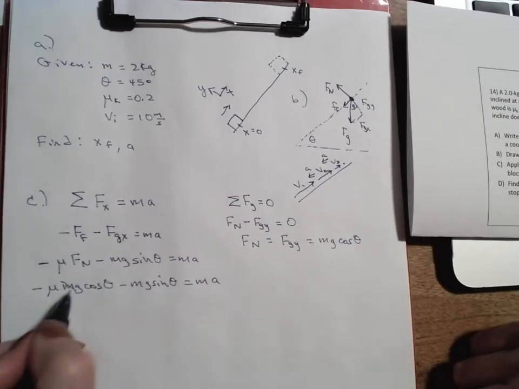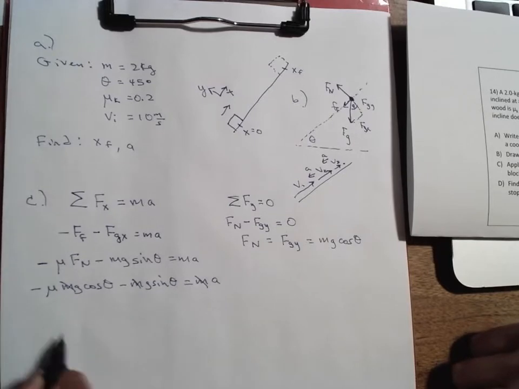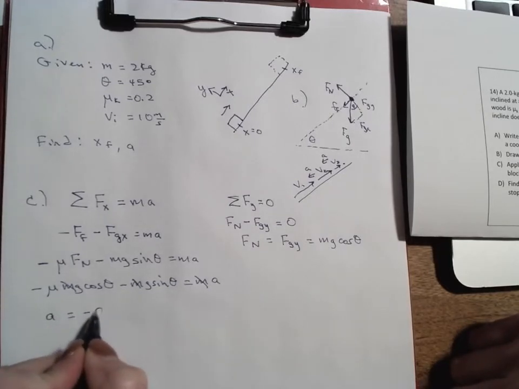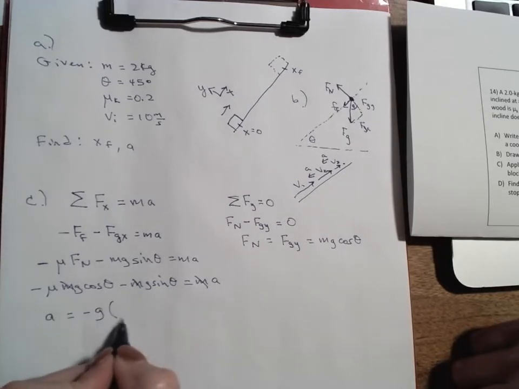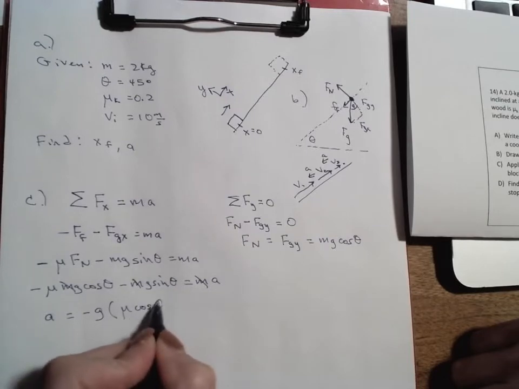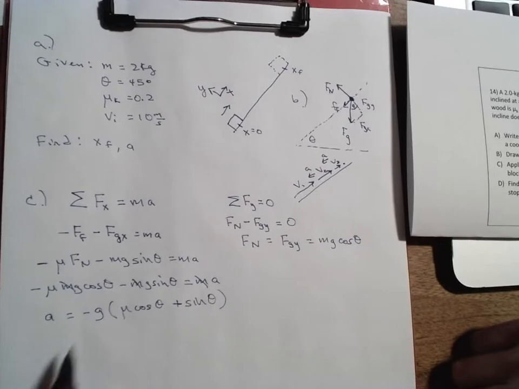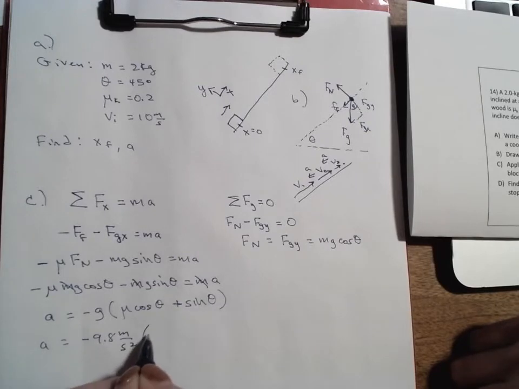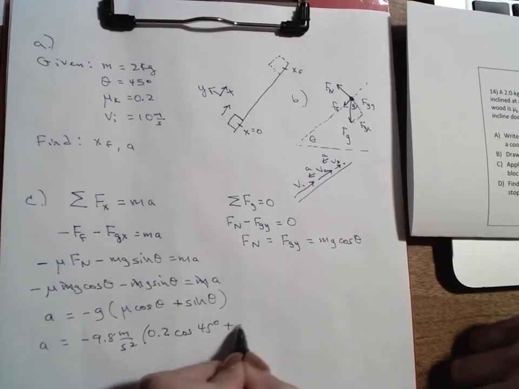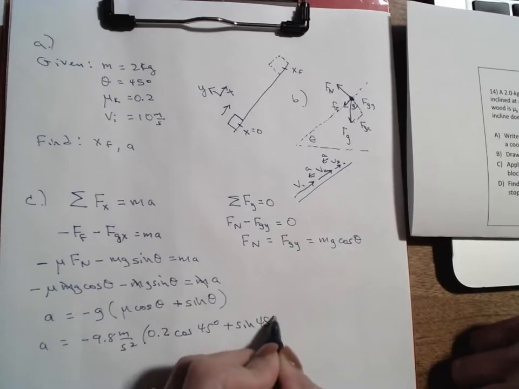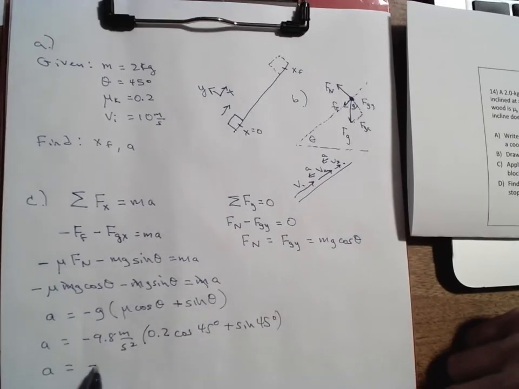Now I can cancel out my m's. And a is equal to negative g, factoring out my g, times mu cosine theta plus sine theta. So I factored out my negative as well. Plugging in, a is equal to negative 9.8 meters per second squared times 0.2 cosine of 45 degrees plus sine of 45 degrees. So a is equal to a negative 8.32 meters per second squared.